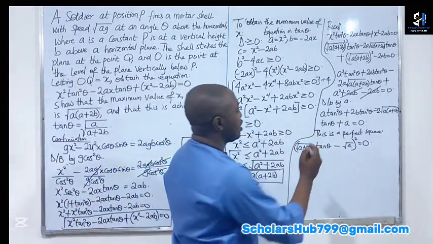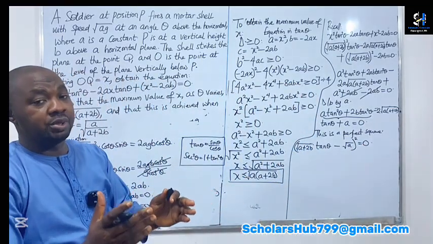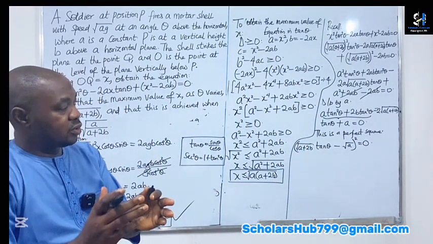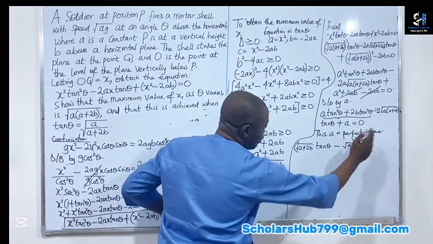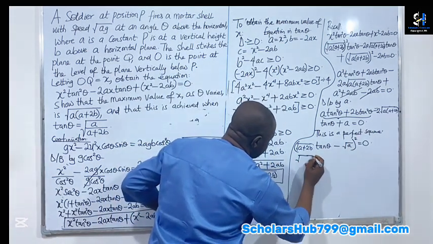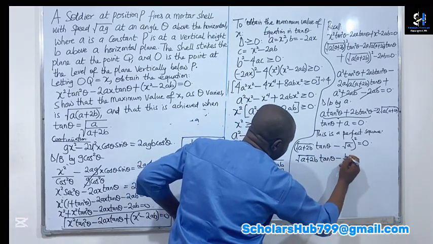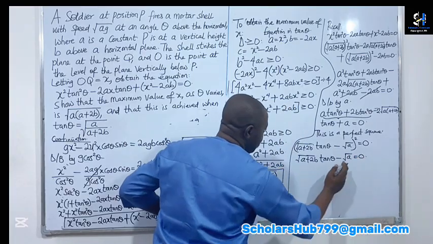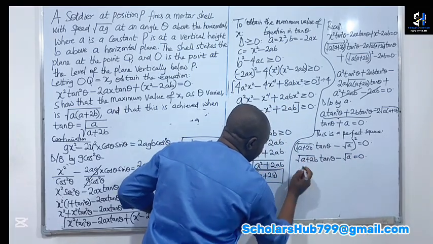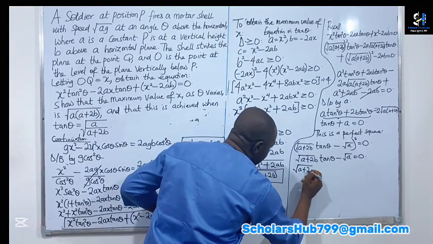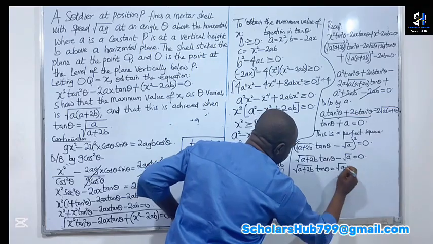This is a perfect square. These two, if you factor out tan squared theta, we're going to have a plus 2b in a bracket multiplied by tan squared theta. So if you take the square root of both sides, this will reduce to root a plus 2b tan theta minus root a equals 0. I'll move this one outside, so that root a plus 2b tan theta will equal root a.